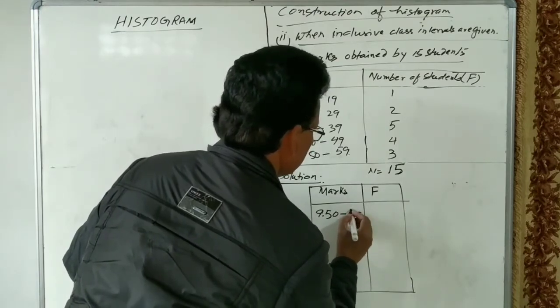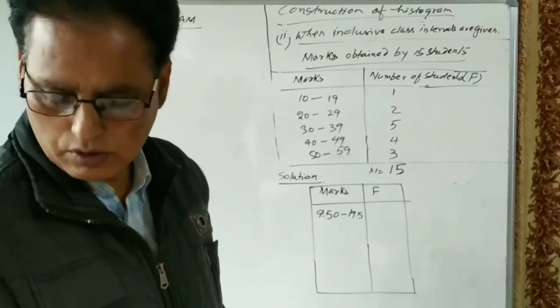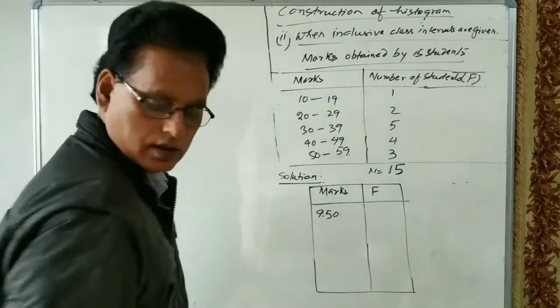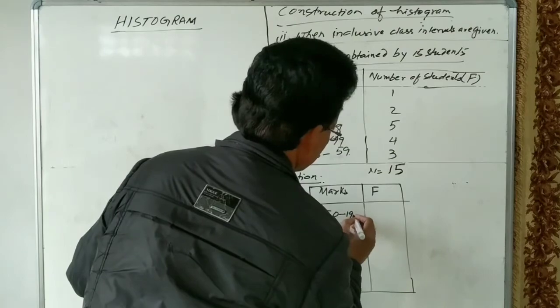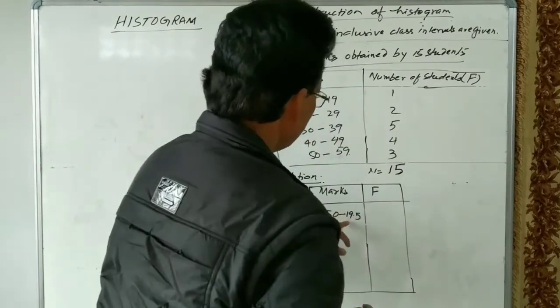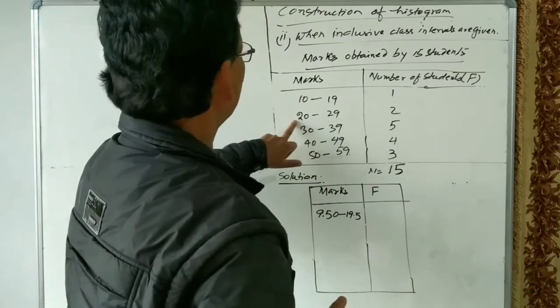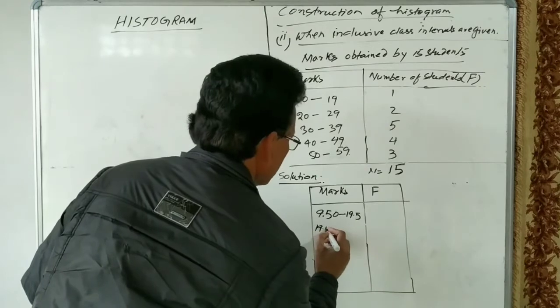So let us see what we have seen. From the lower limit, we have to subtract 0.5, and to the upper limit, we have to add 0.5. Then for the next class, from 20, if we subtract 0.5, it becomes 19.5.